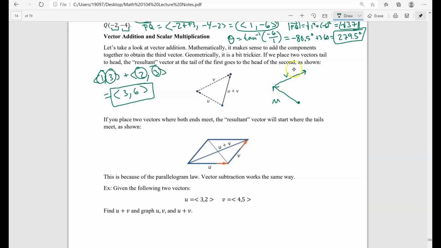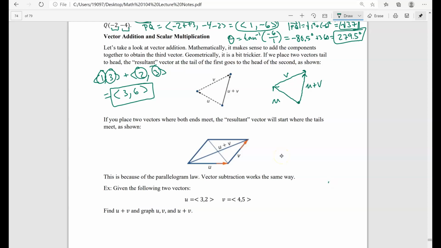This is going to be the resulting vector, u plus v. If you place two vectors where both ends meet, the resulting vector will start where the tails meet, as shown. This is what we call the parallelogram law.